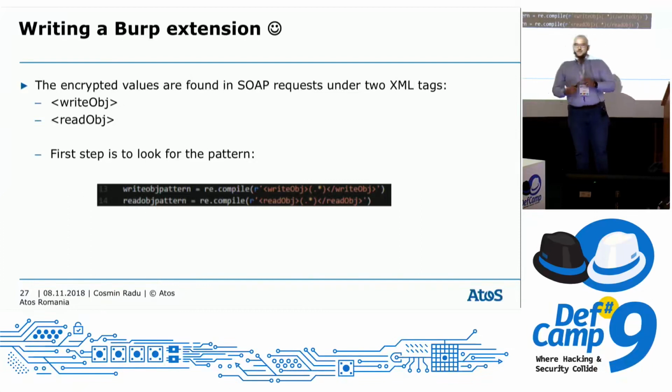The first step that I took was to look for those patterns using a regex for the open and close tags. I was thinking when Burp catches this request, it should launch the new tab in intercept.